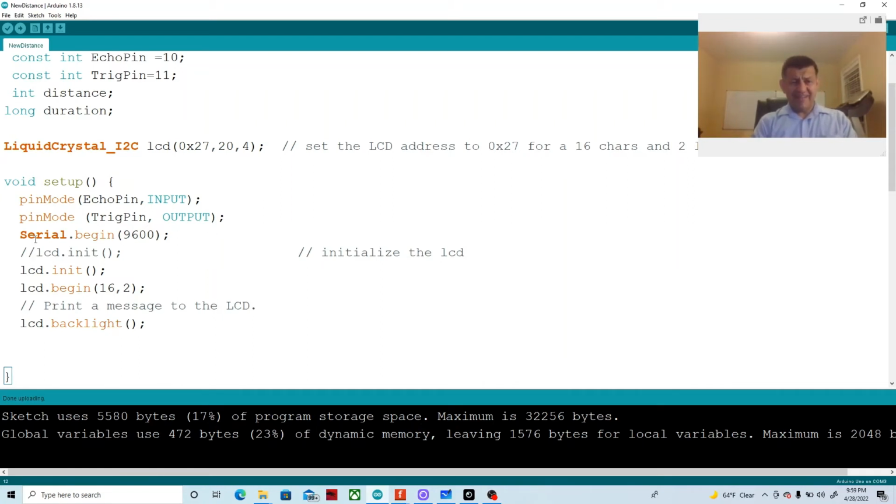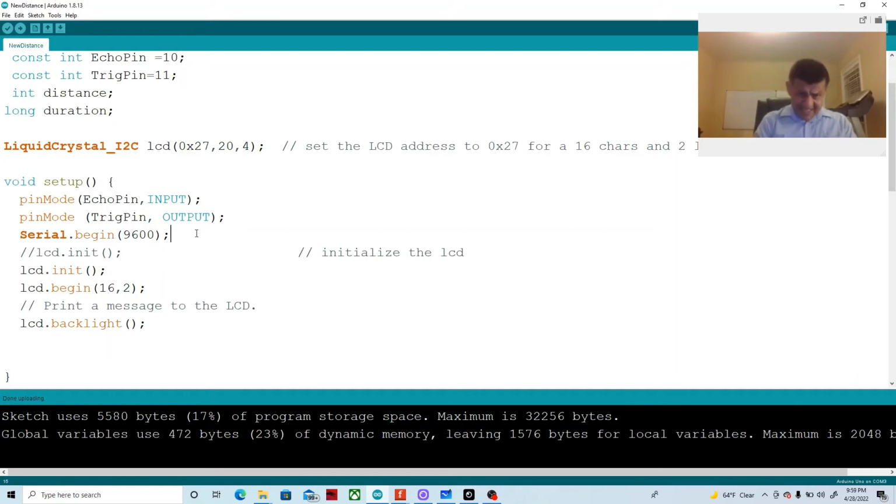Then Serial.begin. If you want to display this data in the serial, this is a baud, it's called a baud rate, right?